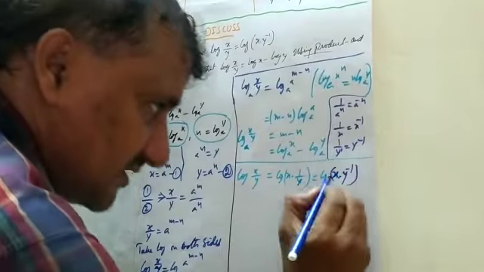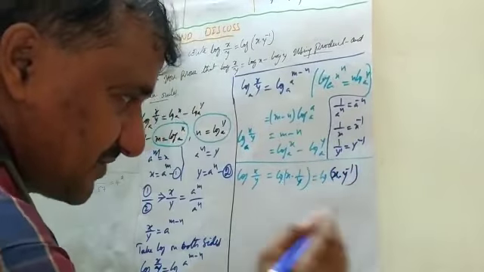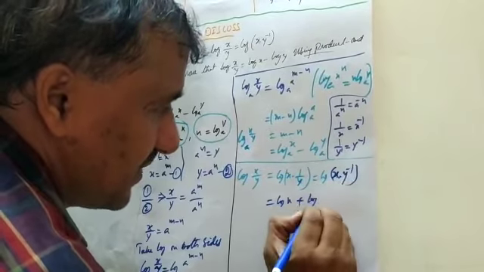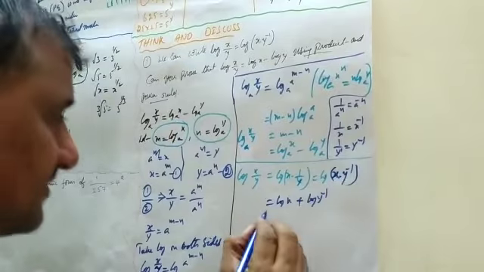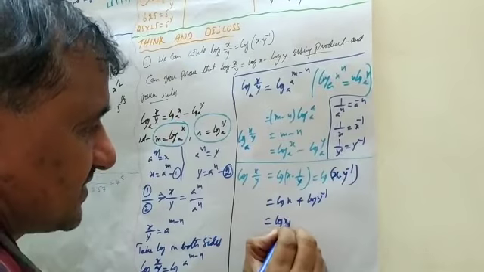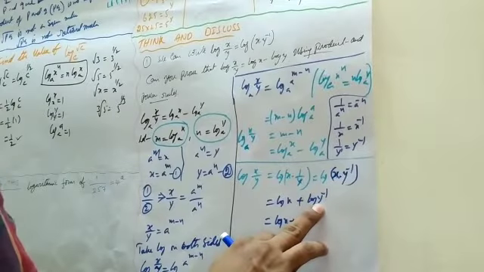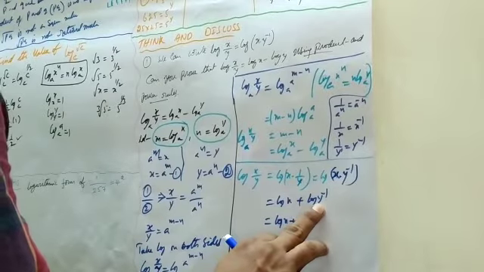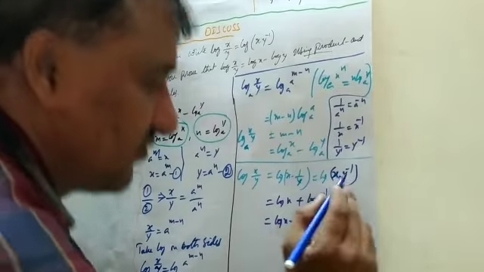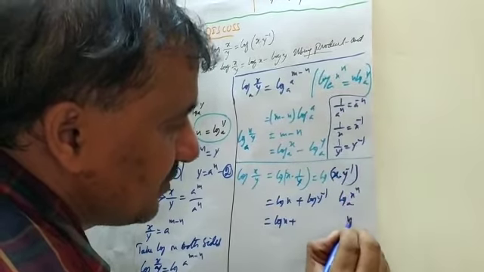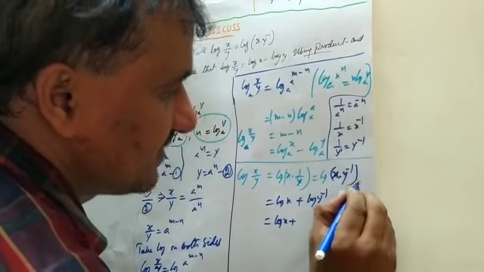Therefore log AB is equal to log A plus log B, so log x plus log y inverse. Again, what is the formula? Log x power n base a is equal to n into log x base a.